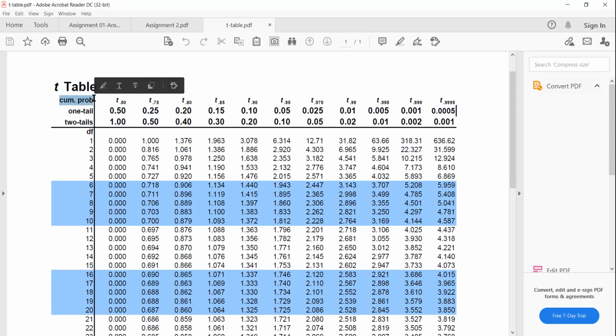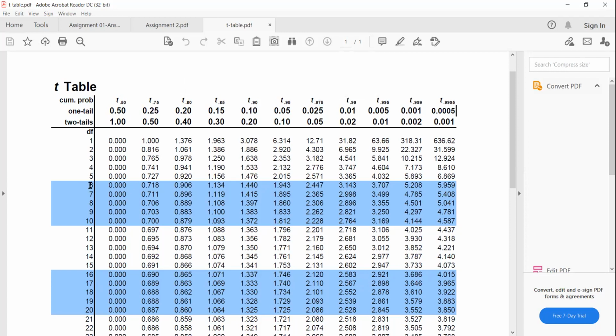So the cumulative probability means up to that point, the area of the distribution is equal to 0.975. So from that point to plus infinity, you have 0.025 area. So this is the value that we are interested in from the t table.